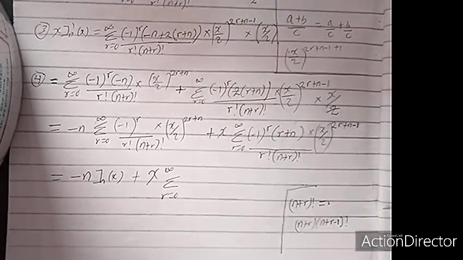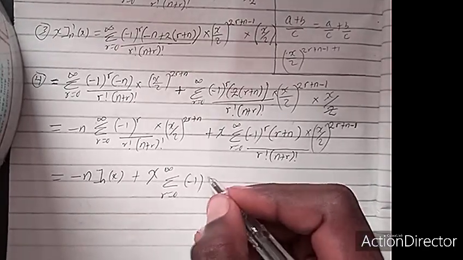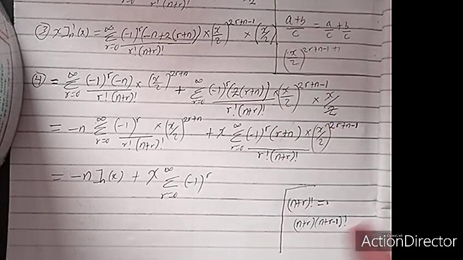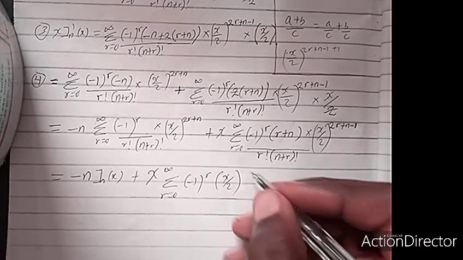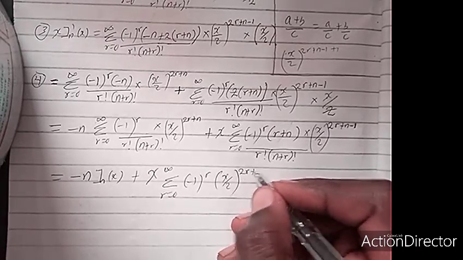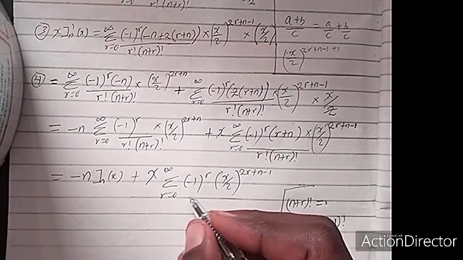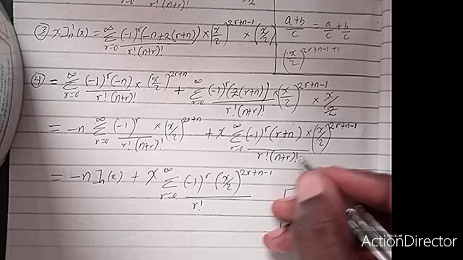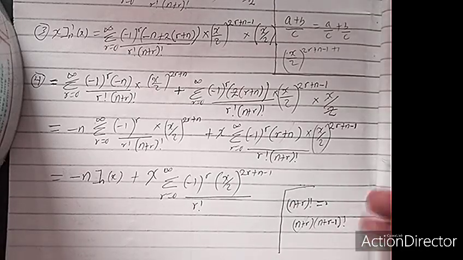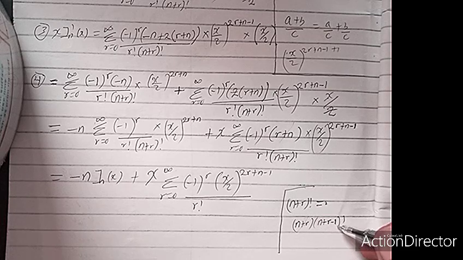R equals to 0 minus 1 raised to power r. Now this has cancelled this from the explanation, and we are left with x over 2 raised to power 2r plus n minus 1 over r factorial. Here it will be what? We said since this has cancelled this, we are left with n plus r minus 1 factorial.